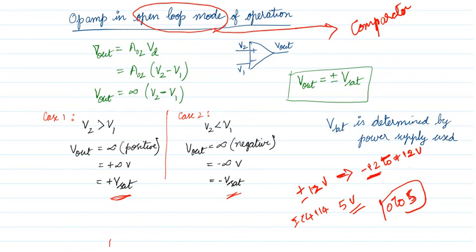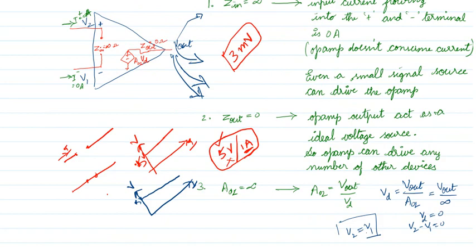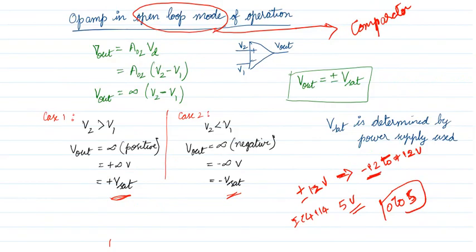Okay, now let us do some open loop applications. I'm taking an op amp. At the minus terminal I have connected 2 volt. This is my V out.